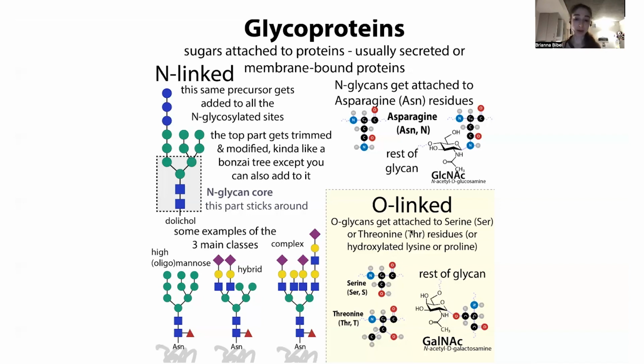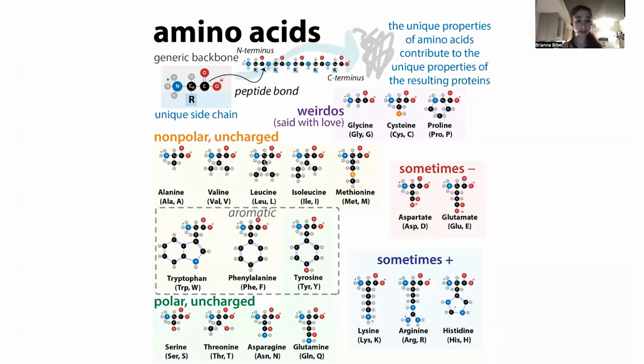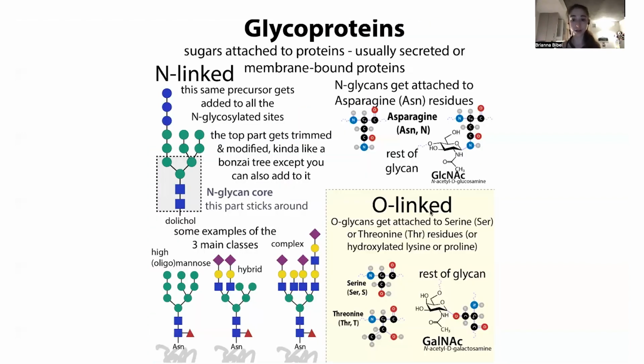Or you can also have this linkage through a hydroxylated lysine or proline. So lysine and proline can get modified. You can see that they don't have a hydroxyl group as is, but they can get hydroxylated, and then they have an OH group that can serve as a linkage point.